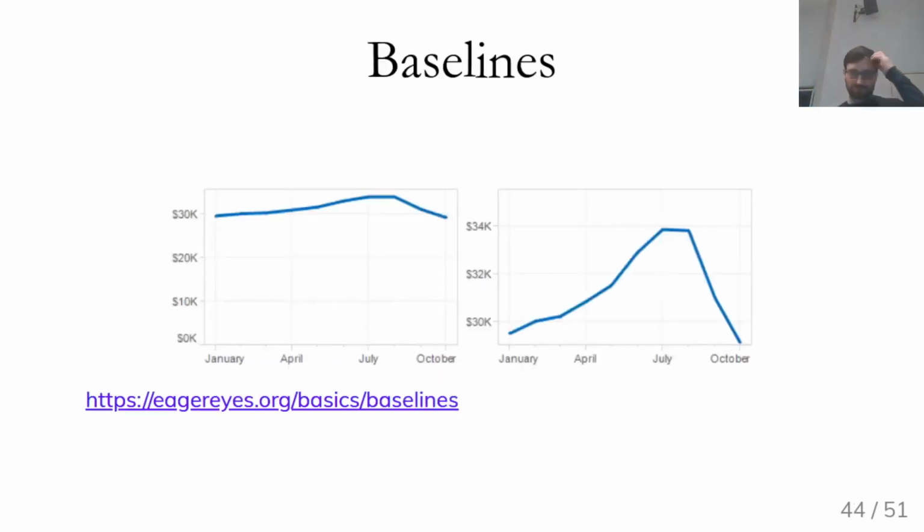Similarly, baselines are quite important. Here, again, is the same data plotted in two different ways, and the message can be very different depending on what your baseline is. People often feel like baseline 0 plots are the honest ones, but it depends.